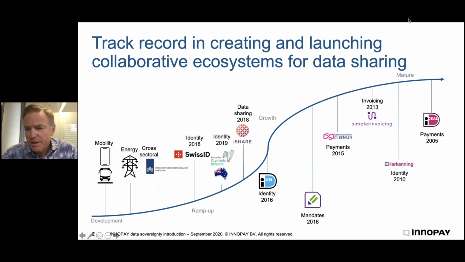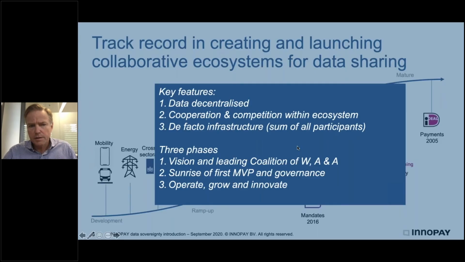And the common thread of all of this is that it's two times three things. The key features are threefold. It's decentralized data. It is an ecosystem which organizes cooperation in such a way that you can also compete with each other.